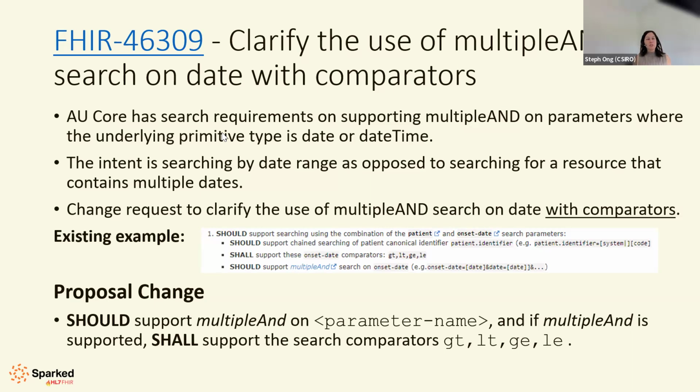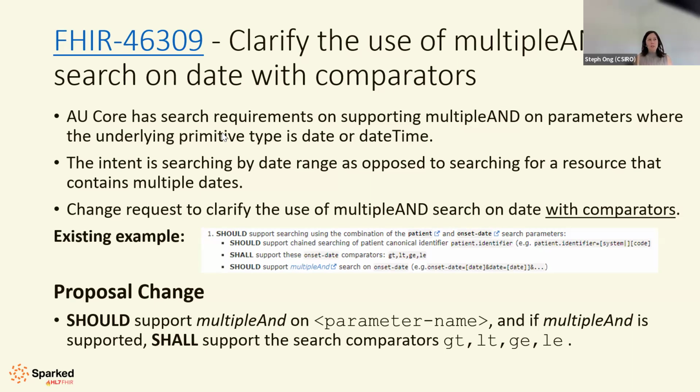So the proposed change is noted there, that we'll change the third dot point shown in the existing example to what's shown in the proposed change, which reads, it should support multiple and on the parameter name, so that can be date for observation and encounter immunization, but it can also be search parameters like onset date for condition or authored on for medication request as examples.